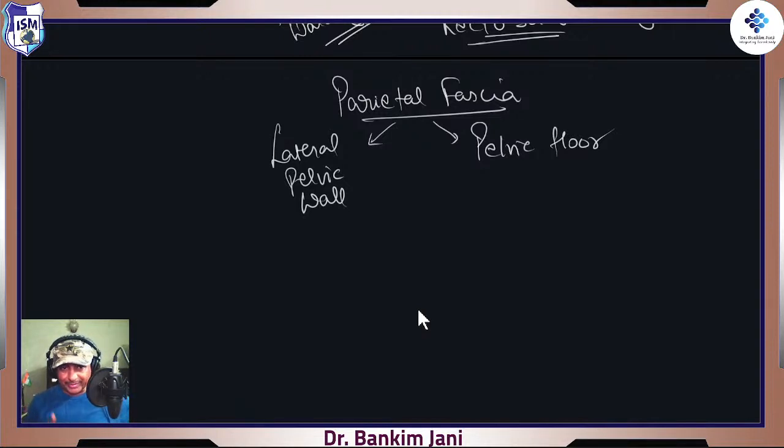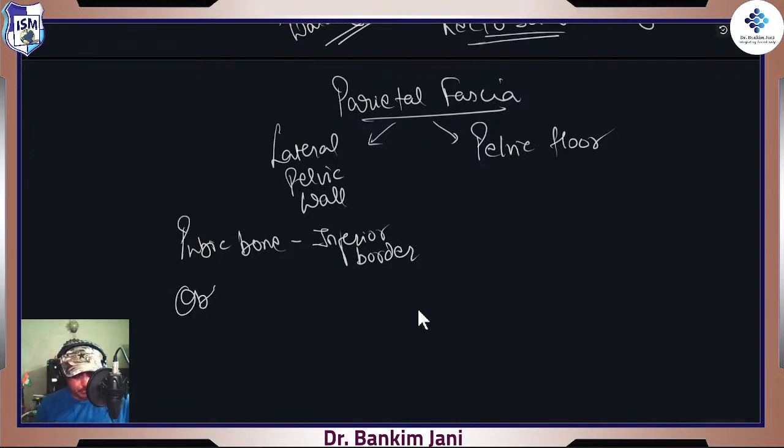Where exactly would it be attached? Start with the pubic bone, onto the inferior border. Now you should be able to visualize. Then there would be the obturator fossa, so it will cover that.